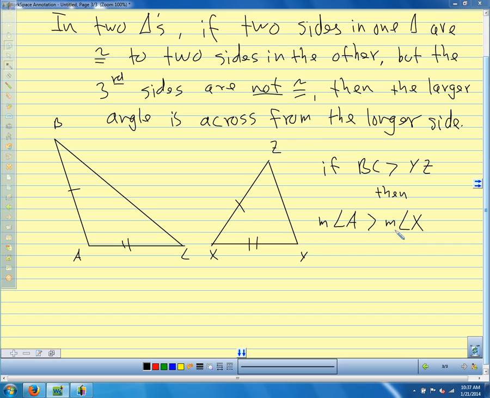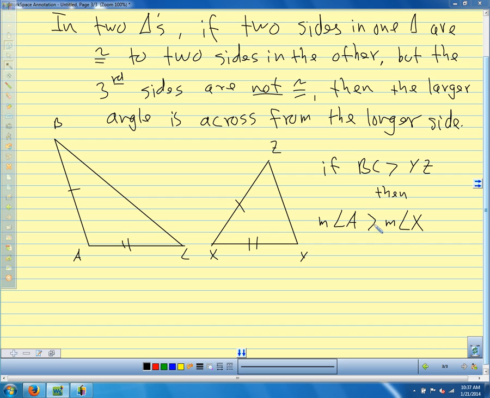The measure of angle X could be larger, or could it be equal? We're saying the measure of angle A is greater than the measure of angle X. Is the measure of angle A equal to the measure of angle X? Could we assume that for our indirect proof? So we have two parts. So let's look at that part.